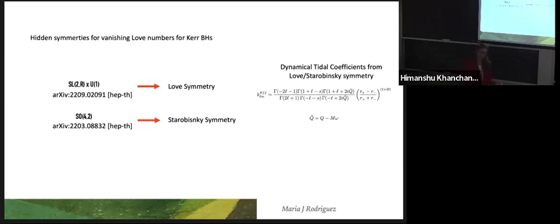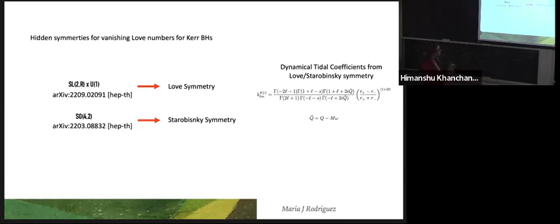So it's not a symmetry that is realized at the level of the geometry, it's a symmetry that shows up in this scalar equation that we are looking at. There were two proposals for the hidden symmetries that could in principle explain the zero of the Love numbers.